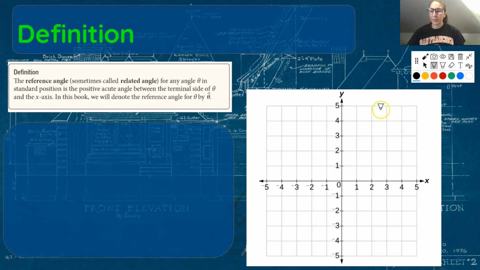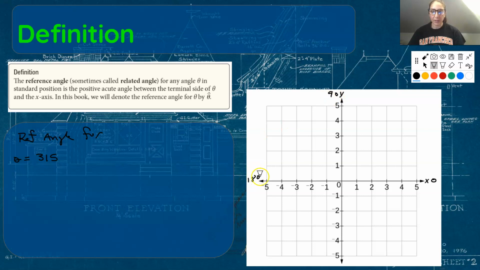So let's do some more explicit examples. What is the reference angle for, let's say, theta equals 315? Well, where does 315 put us? We know that's 0 or 360. We know that's 90.